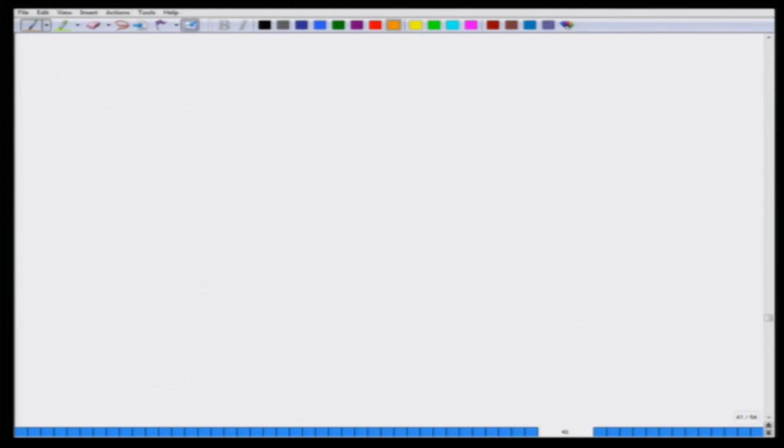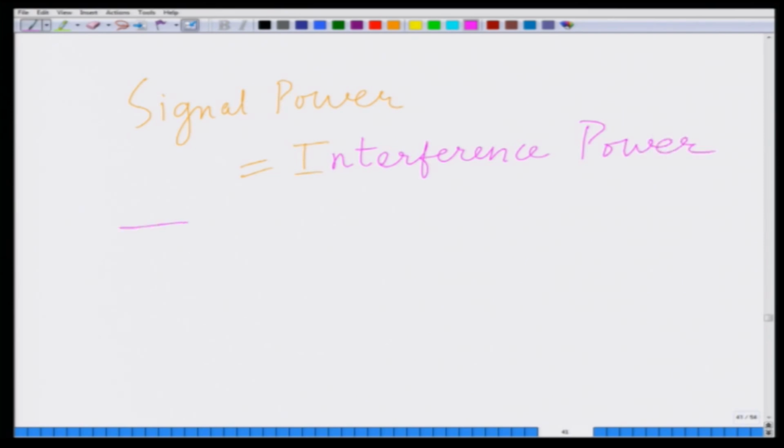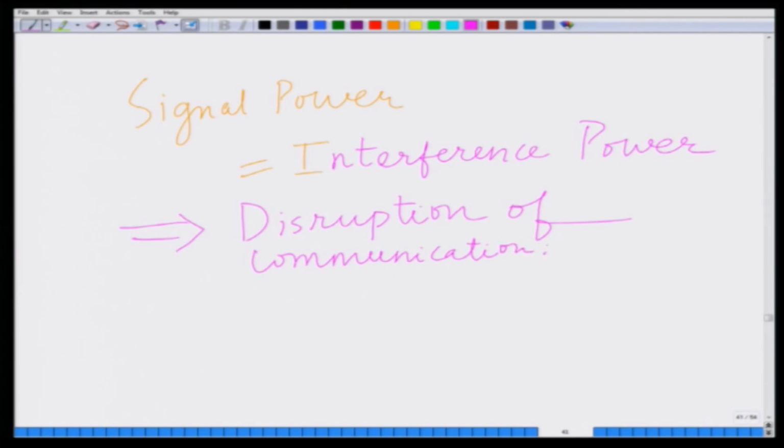So, the signal power is equal to our interference power, and this leads to disruption of communication because of the high interference power.